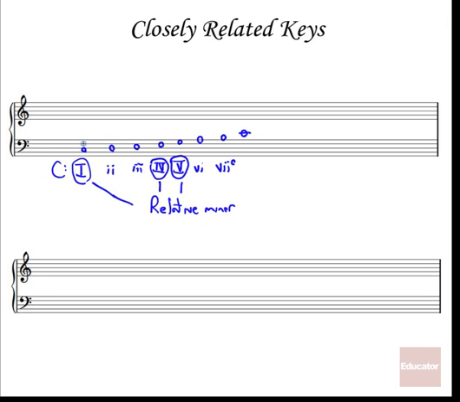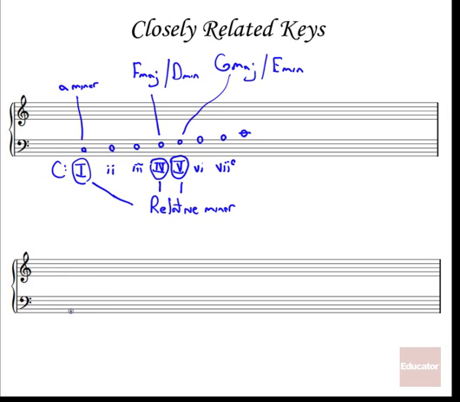So if we're thinking about what keys are closely related to C major, we find that one of them is, first of all, A minor, because it's the relative of C major. And then we have F major and its relative D minor. And then we have G major and its relative E minor. And so let's look at the key signatures of all of these keys.